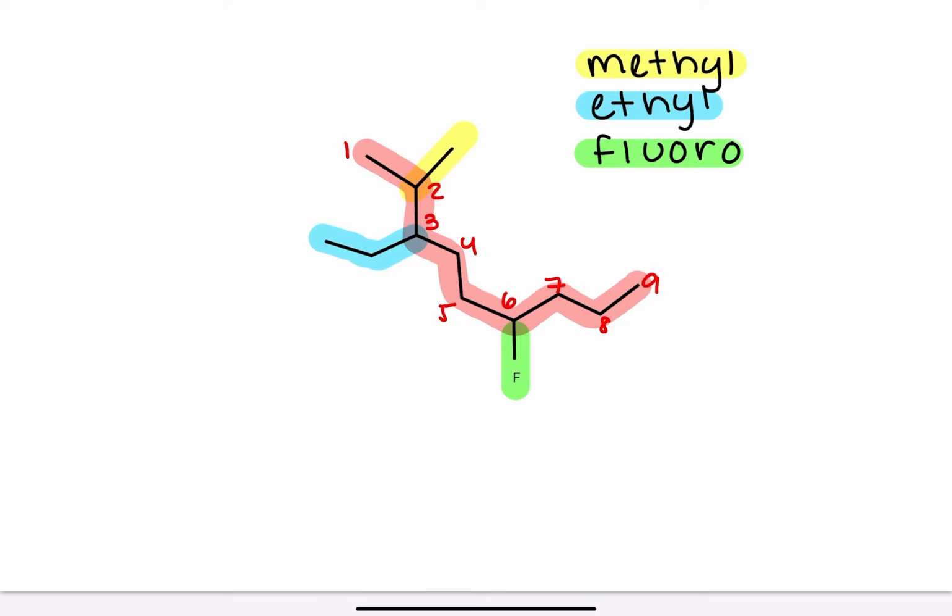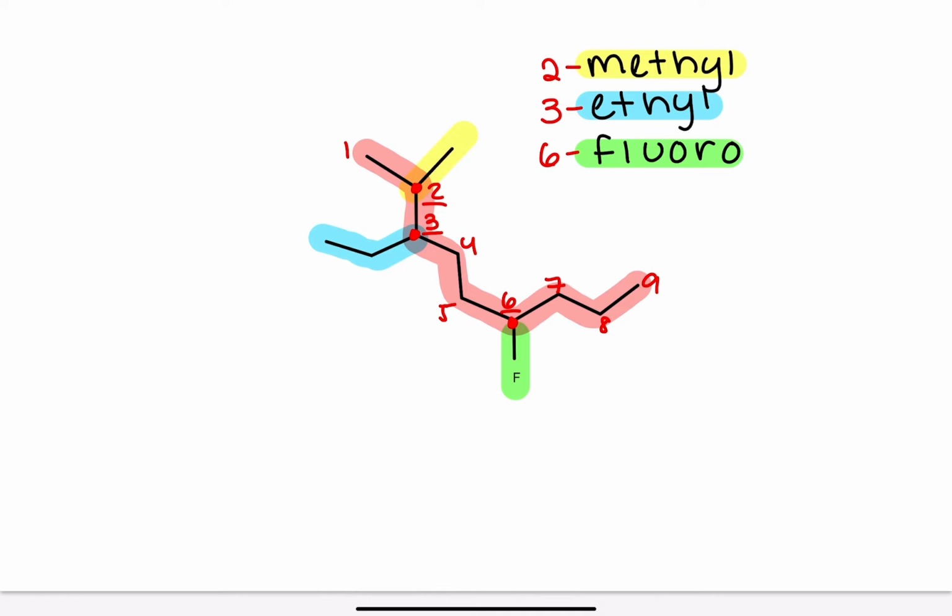The methyl substituent is directly branching off of this carbon, which is carbon 2. Therefore, the locant is 2, separated by 1 dash and no spaces. The ethyl group is branching off of carbon 3. Therefore, the locant is 3, and the fluorine atom is branching off of carbon 6. Therefore, the locant is 6.